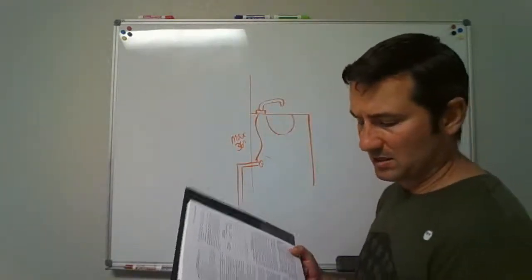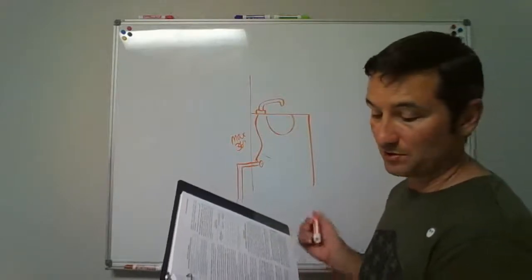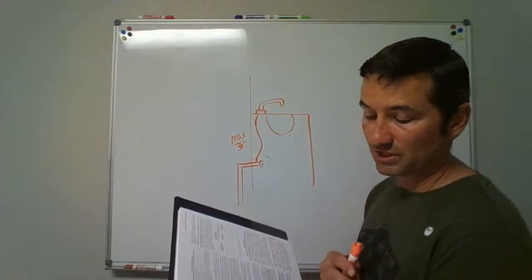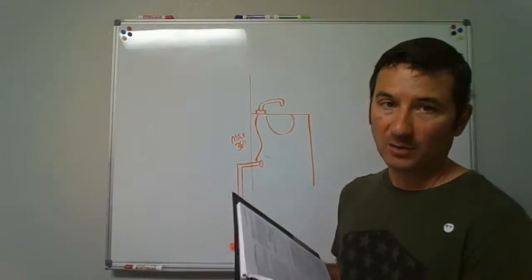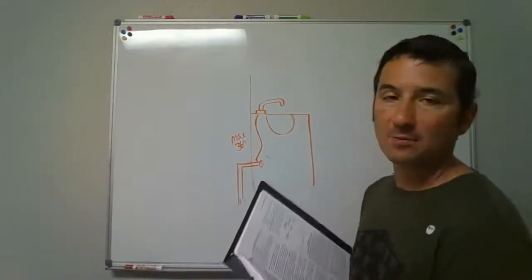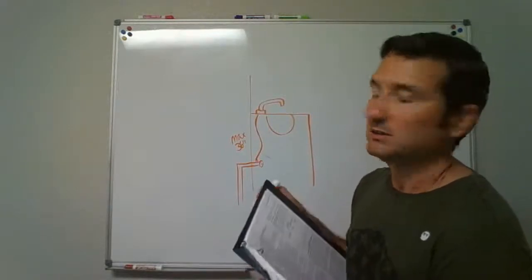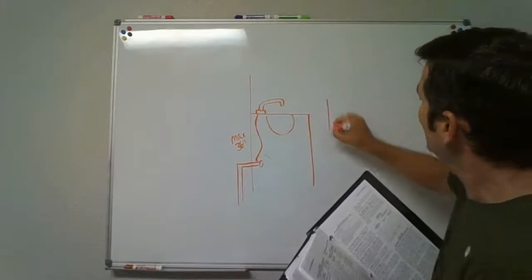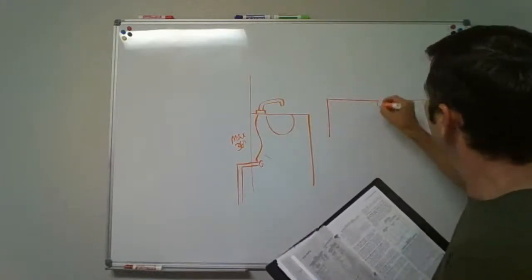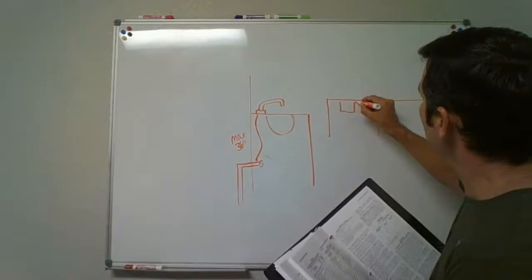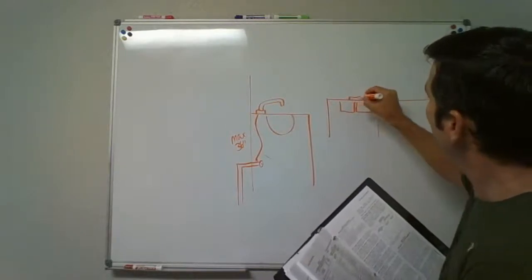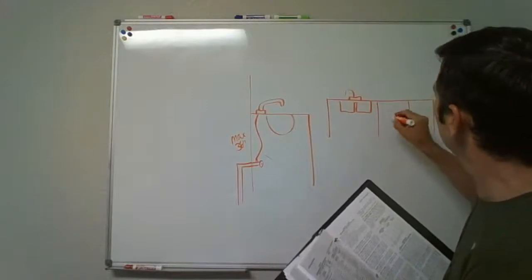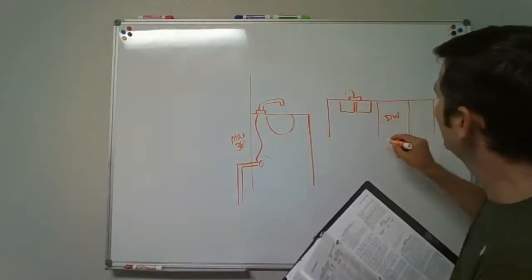They do give an exception though. This length restriction does not apply to residential dishwashers or ice makers. And why would that be? Well, if you go look at a dishwasher, more than likely here's your cabinet. You got a kitchen sink sitting over here, and then you put your dishwasher in this hole.